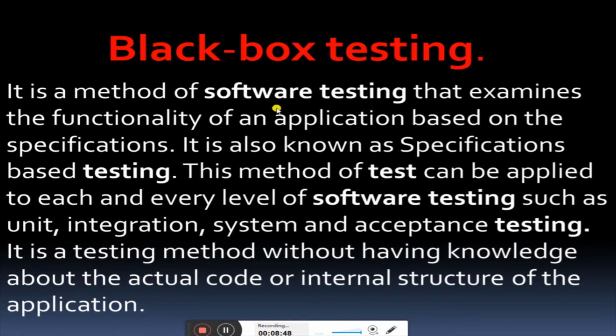It is a method of software testing that examines the functionality of an application. What is being examined here? The functionality of an application. I am highlighting it so you can easily understand what happens in black box testing.